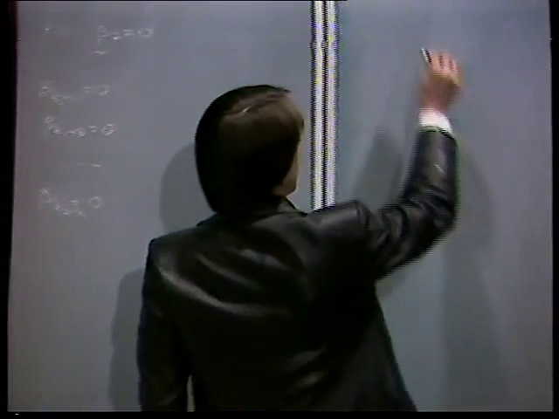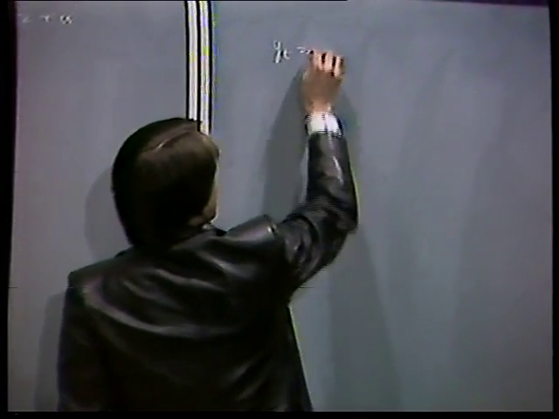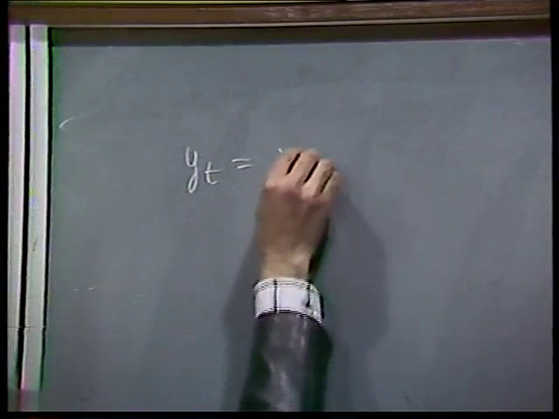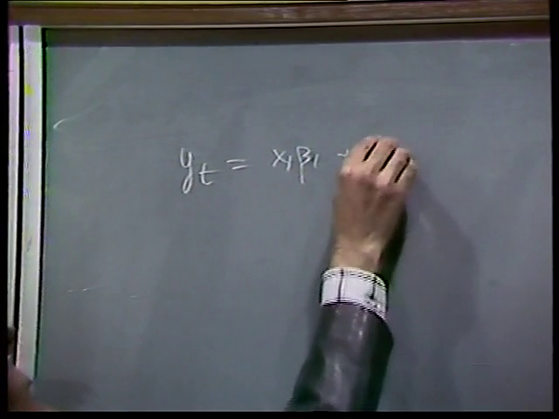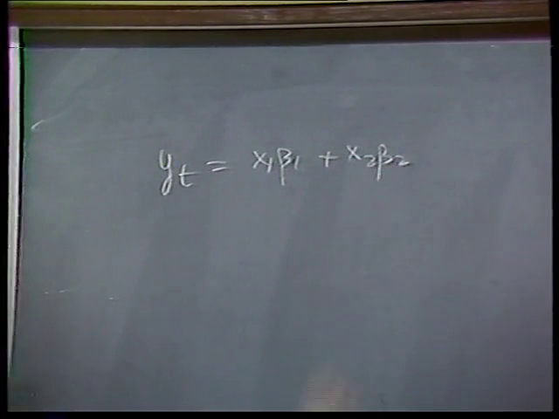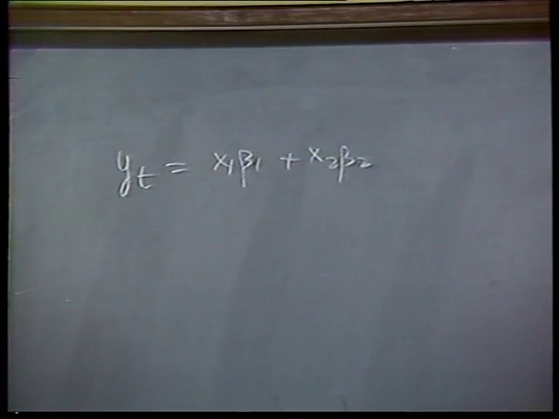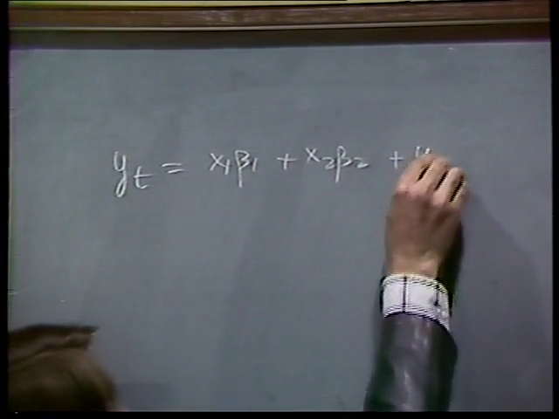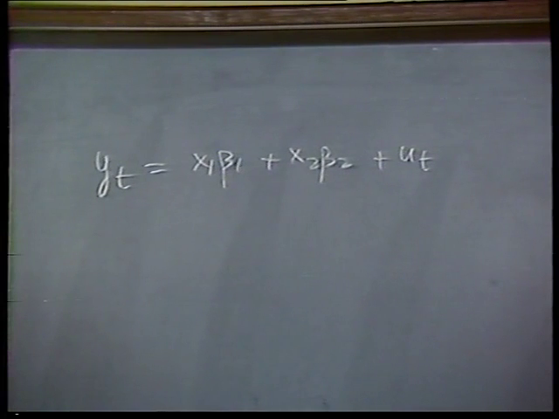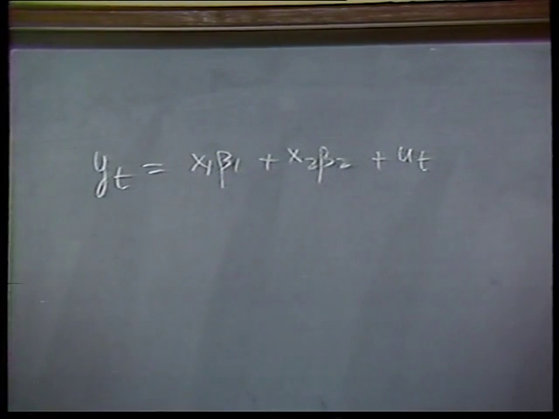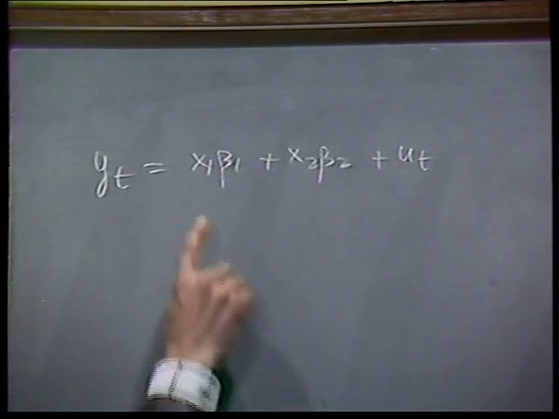If now we consider a regression model in which there are only two regressors, x1 and x2, we assume that the errors ut are normally distributed with zero mean and constant variance and are serially independent.